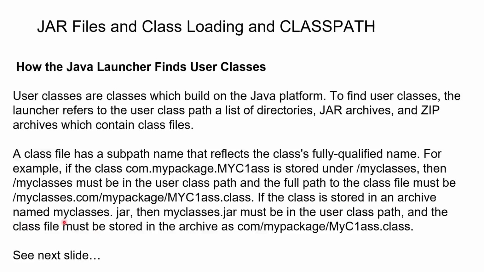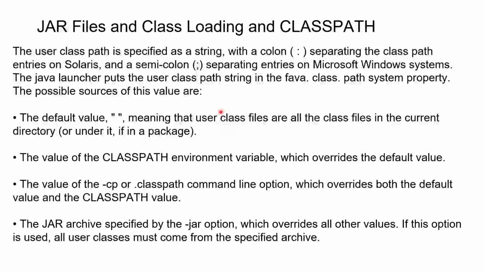If the class is stored in an archive named myclasses.jar, so a jar file, then myclasses.jar must be in the user class path, and the class file must be stored in the archive as com/mypackage. To simplify, a class path is simply the path to the class that we're trying to call.